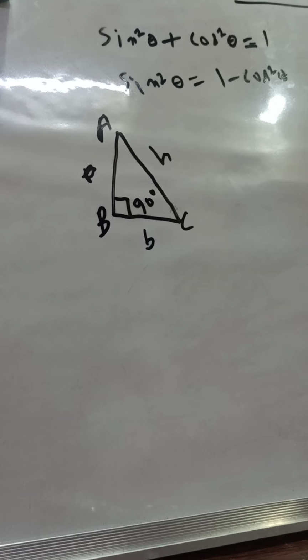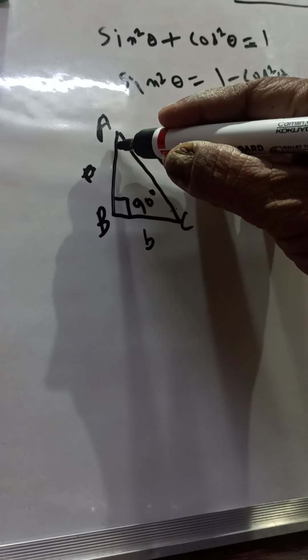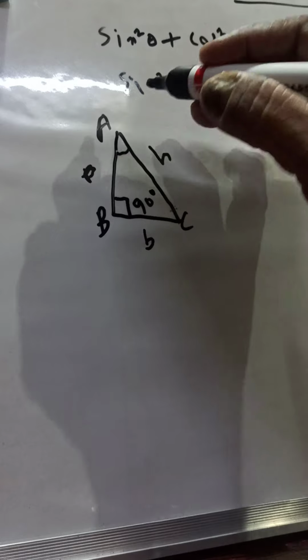Sin A, suppose sin theta, we will take an angle theta. Sin A means the side opposite to angle A divided by the hypotenuse. Which side is opposite to the angle? Now we have to take one angle. One is the right angle and another is the small angle.